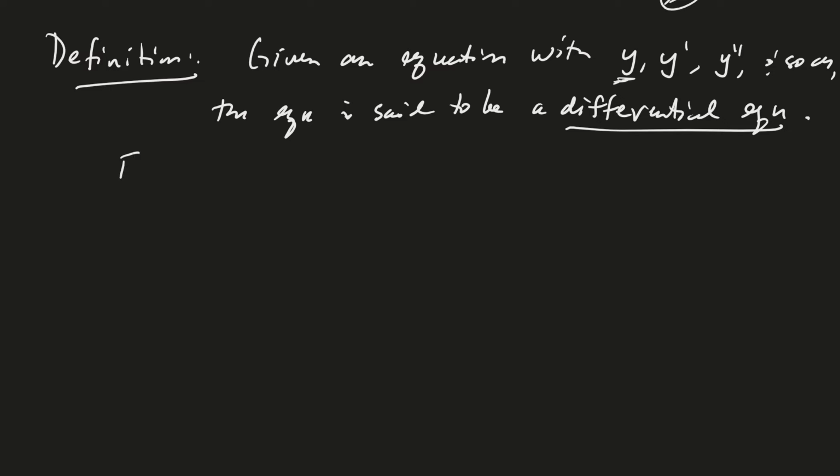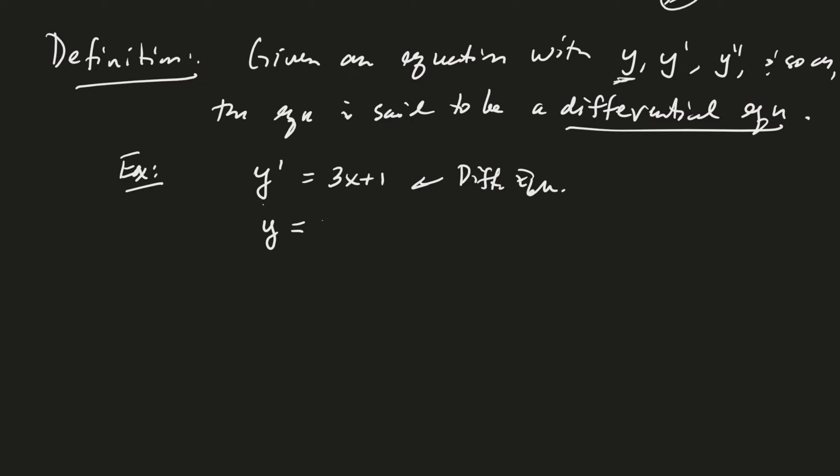So for example, you might have y prime is equal to 3x plus 1. And we already know how to work with this one, right? This is called a differential equation because it's an equation that has the function here. In this case, you can solve for y by taking the antiderivative of both sides.